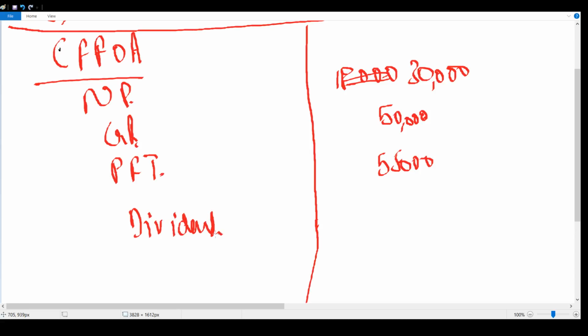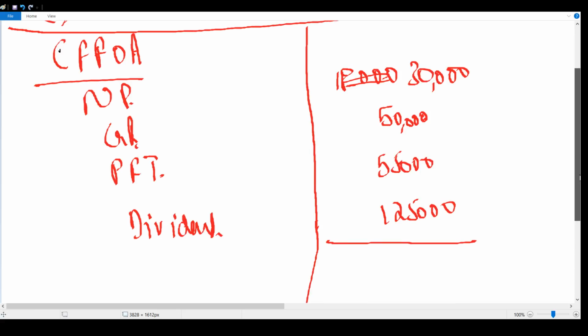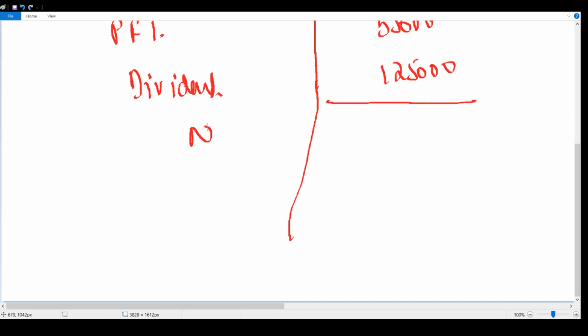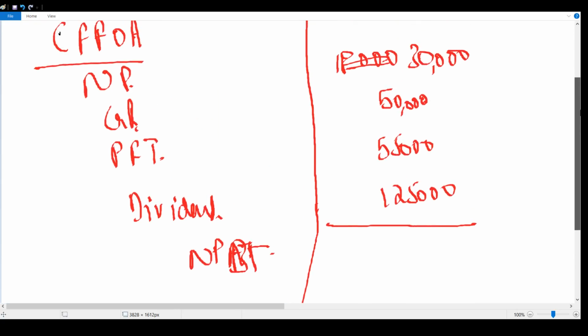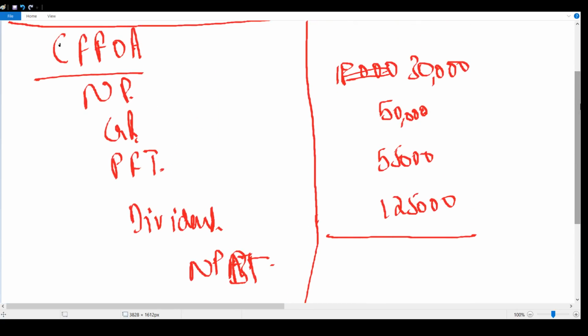What's the amount of dividend payable? That is rupees 1,25,000. I hope you got it till here now. This is our net profit before tax. What's the amount? 30,000 plus 50,000 plus 55,000 plus 1,25,000. That comes out to be 2,60,000.